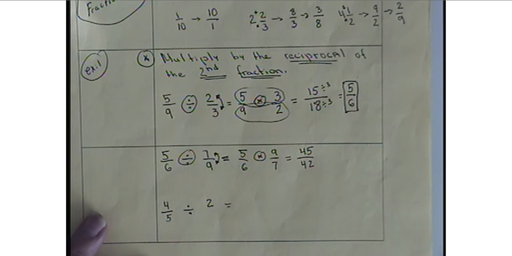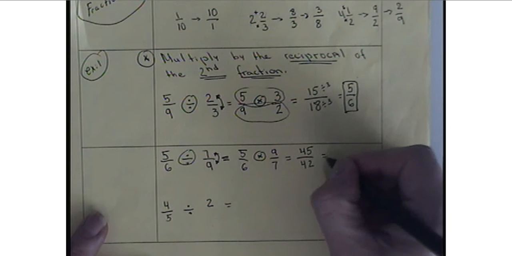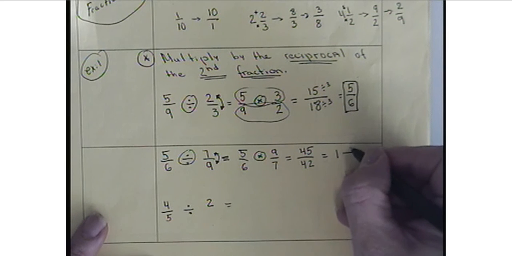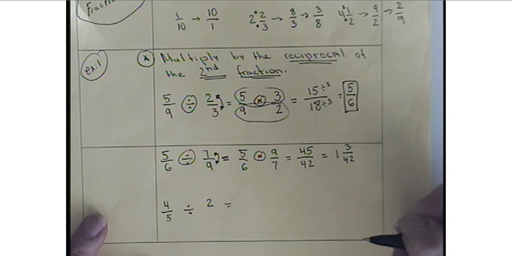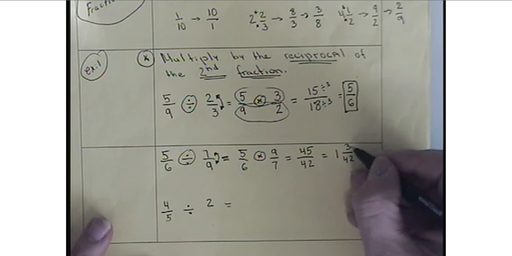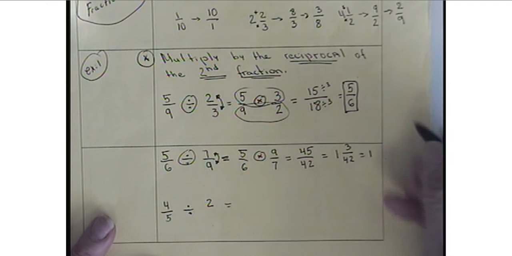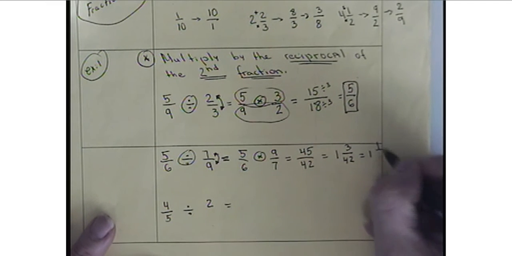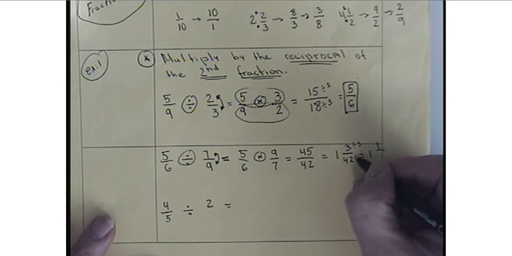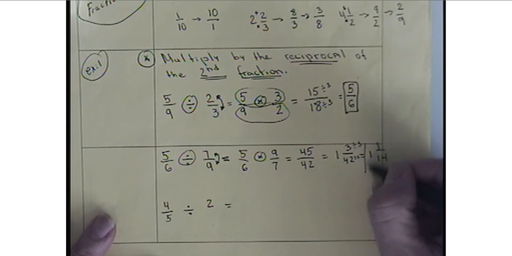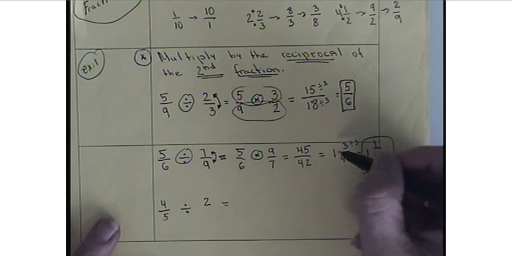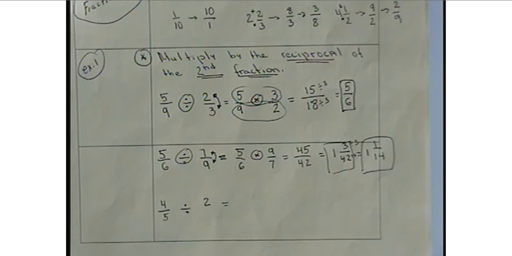So the conclusion is that this is just an improper fraction, and we can simplify it to 1 and 3 over 42. And this 3 over 42 could be simplified further: this is divisible by 3, this is also divisible by 3, which gives us 1/14 as the final answer. But even if you just simplify up to this part, that will be okay too.